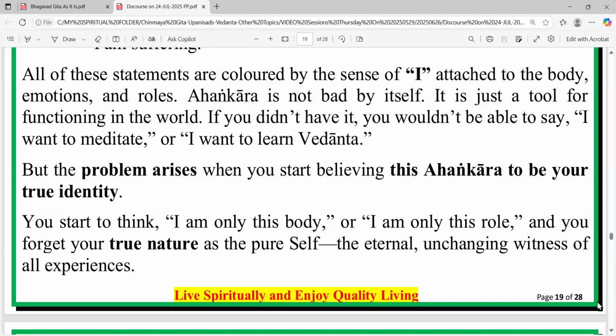Ahankar is not bad by itself. It is just a tool for functioning in the world. If you did not have it, you wouldn't be able to say, I want to meditate or I want to learn Vedant. But the problem arises when you start believing this Ahankar to be your true identity.